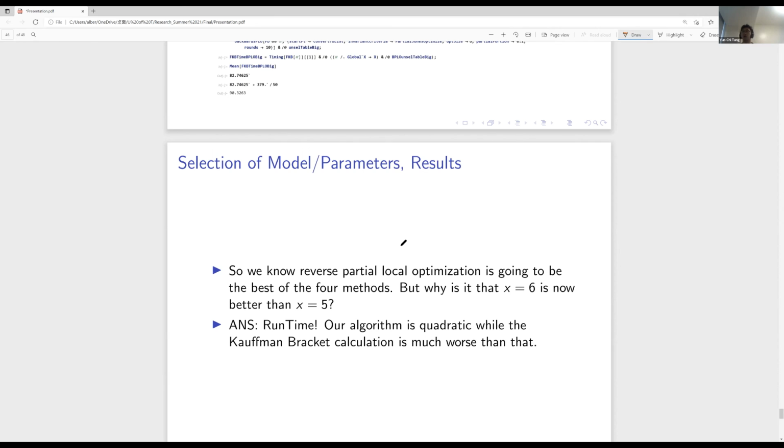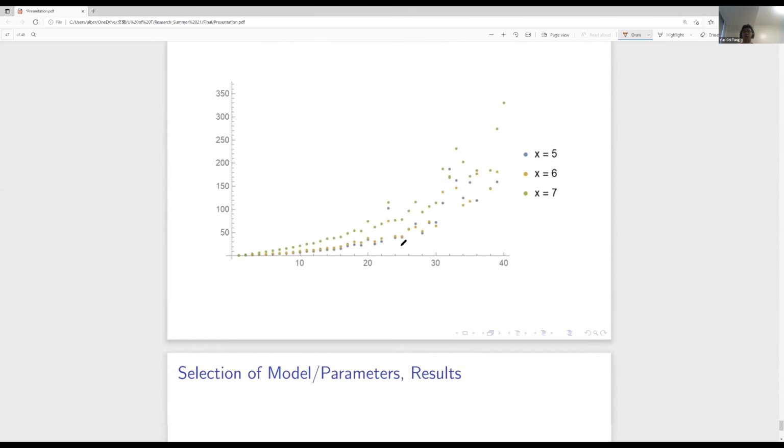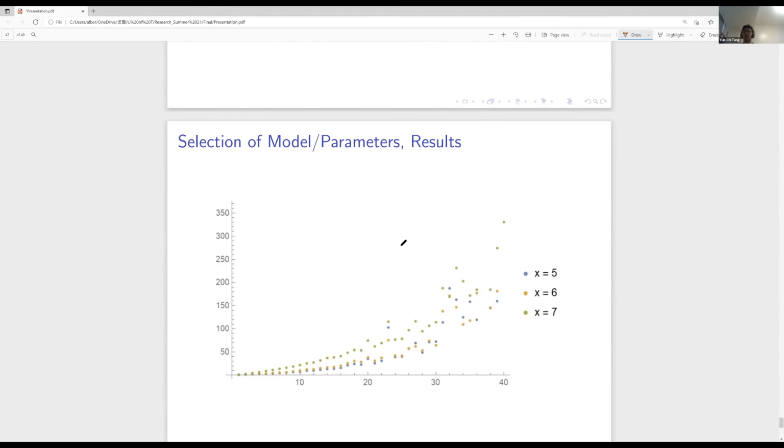So because of that, it is very reasonable to assume, and we are actually able to confirm, that the larger the knot gets, the larger the chunk size should be that we use to optimally determine the order.